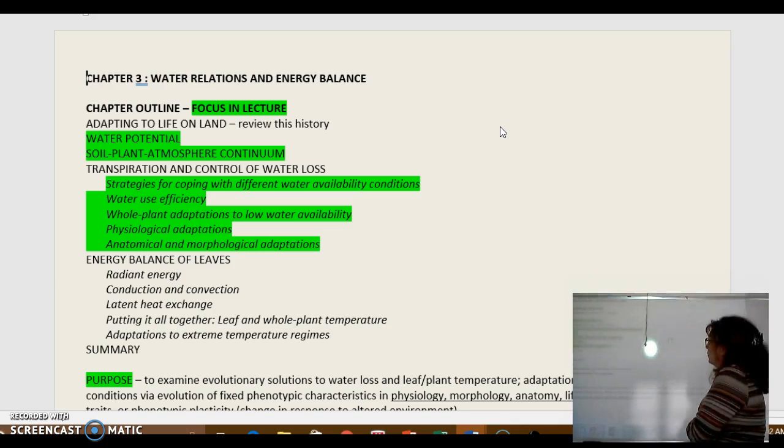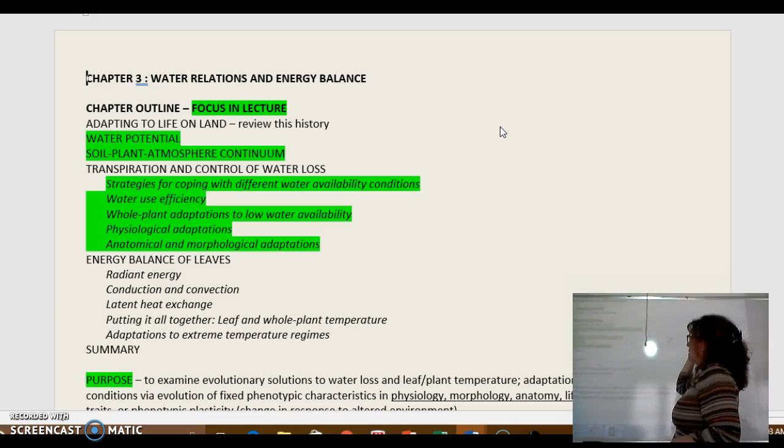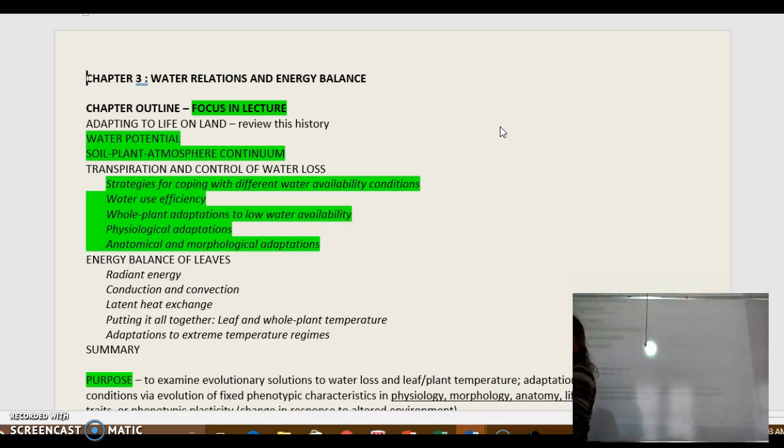Strategies for coping with different water availability conditions, water use efficiency, whole plant adaptations to low water availability, physiological adaptations, anatomical and morphological adaptations under those categories. So I will be spending time on that.